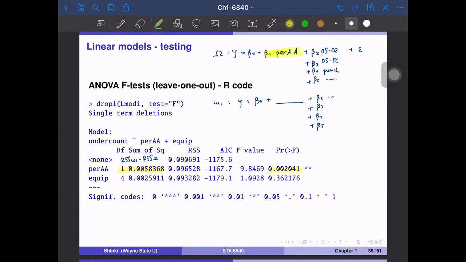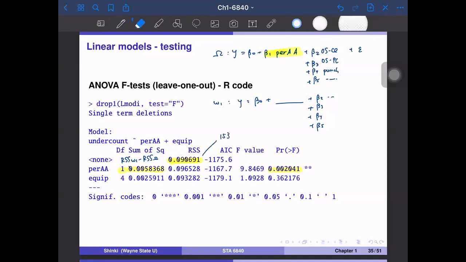Of course, this is just one continuous variable, one parameter, so degrees of freedom is 1. Then what's the residual sum of squares for the larger model? The residual sum of squares for the larger model is this one. So this is basically the denominator. And the degrees of freedom is, remember, 153.